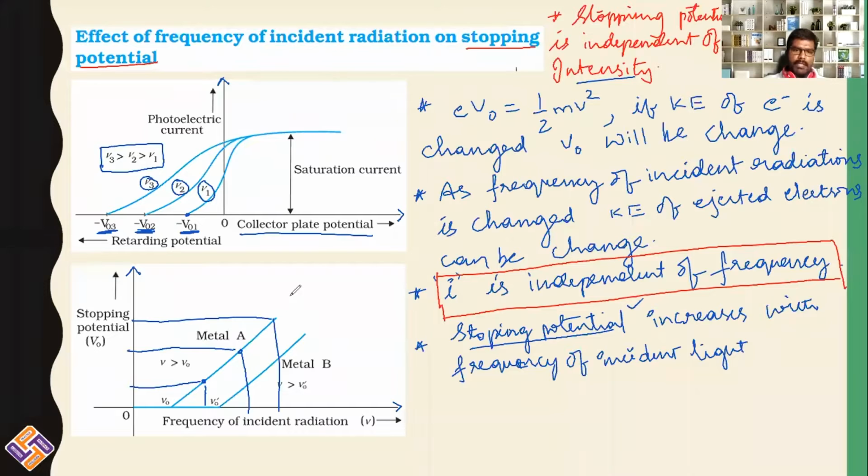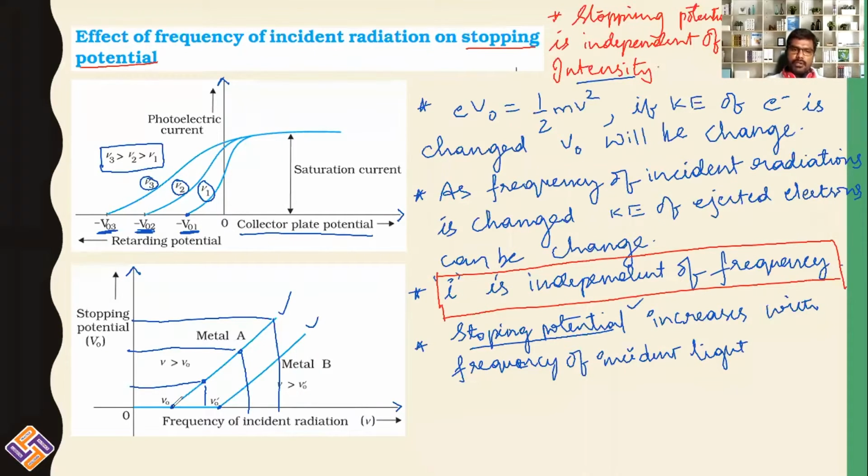For different metals, you will get different lines. Metal A and metal B have different slopes, which depends upon their work function. So for nu naught and for nu naught dash, there are different work functions.